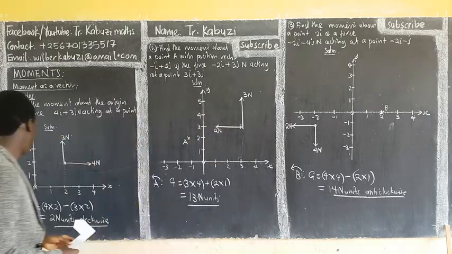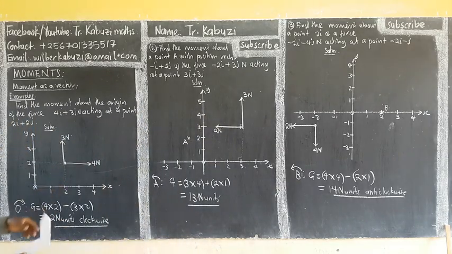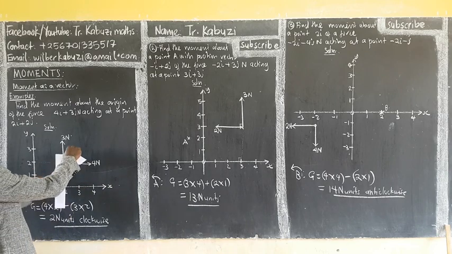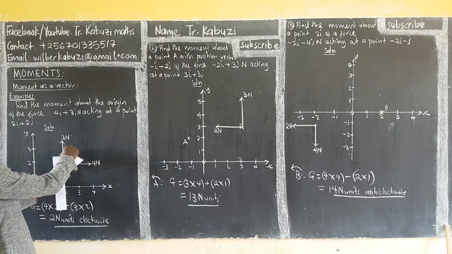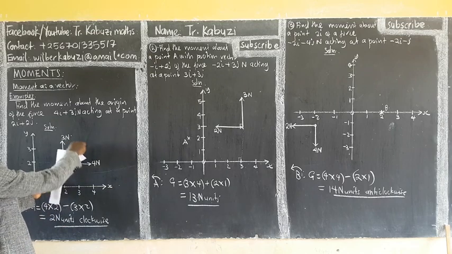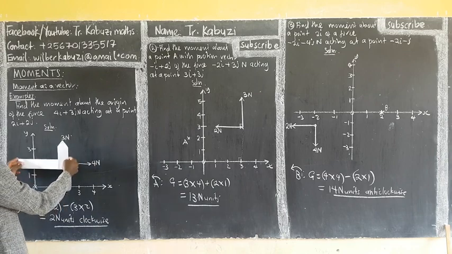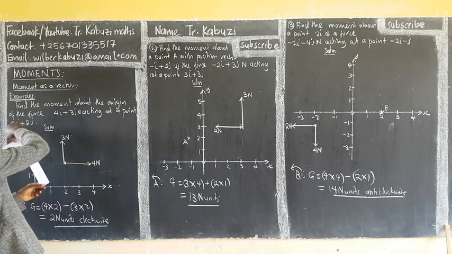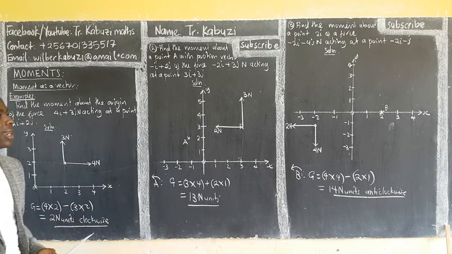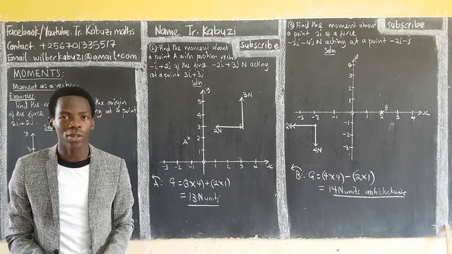The same idea. When we came to this, we had 2. The force was forcing in that direction. If this is the perpendicular distance, it was going this side, clockwise. What about this one? If this was the perpendicular distance, it was going anti-clockwise. As simple as that. So, that's it, members. I wish you well.